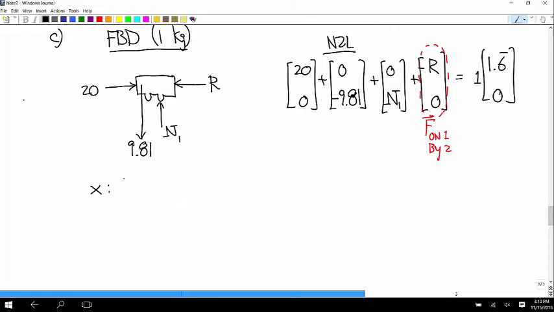So the x equation from Newton's second law says 20 plus 0 plus 0 minus R is equal to 1.6 repeating.